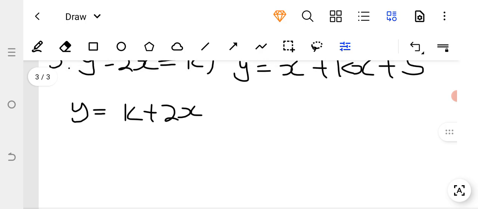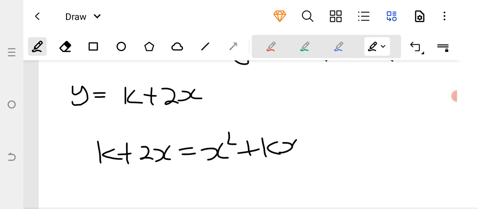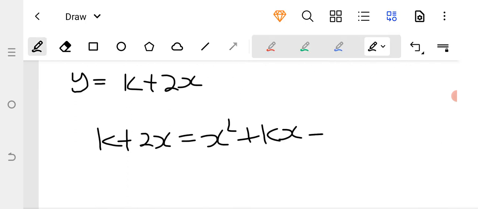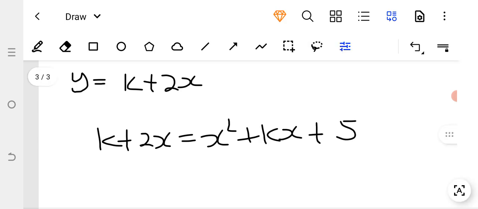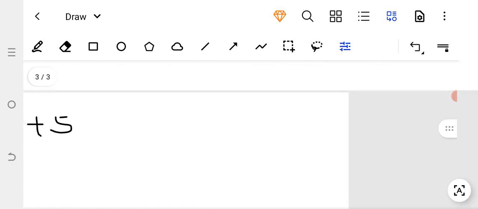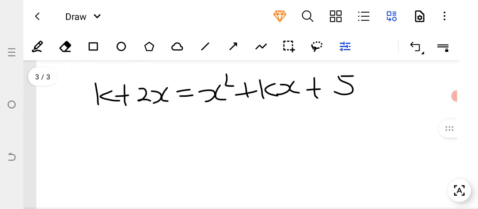And then I'm going to let this be equal to what we have, so this will be equal to x squared plus kx plus 5. Let's just confirm this is the same here. Yes. We have set them equal to each other.